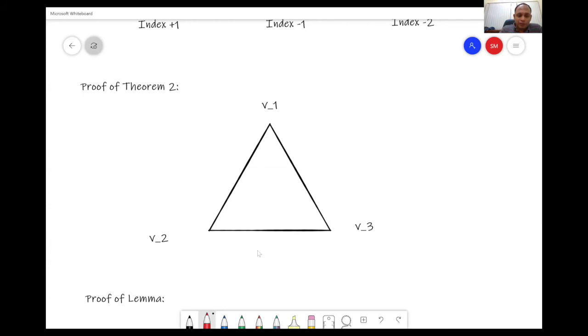For the first part, let's say I do have a critical point somewhere here of my function u. Then what I'm going to do is exactly what I did up there. I'm going to take this vertex, so let's say I want to prove that this side contains a critical point of u.